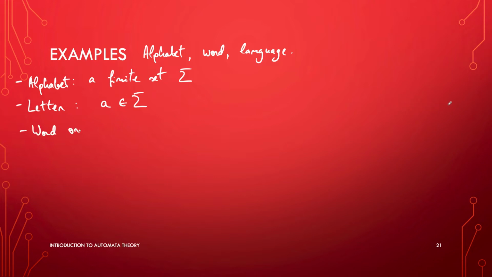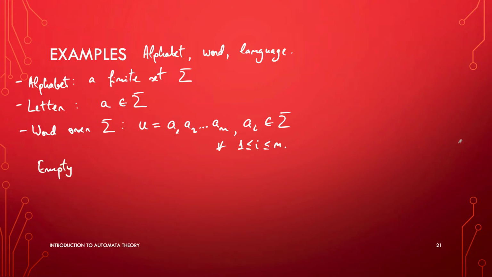A word over alphabet sigma is simply a sequence of letters, something like A1, A2, ..., AN. So simply letters listed one after the other. All of these A's are from sigma. And this includes even the option of having the empty word, being a sequence of letters of length 0, so you essentially have no letter.